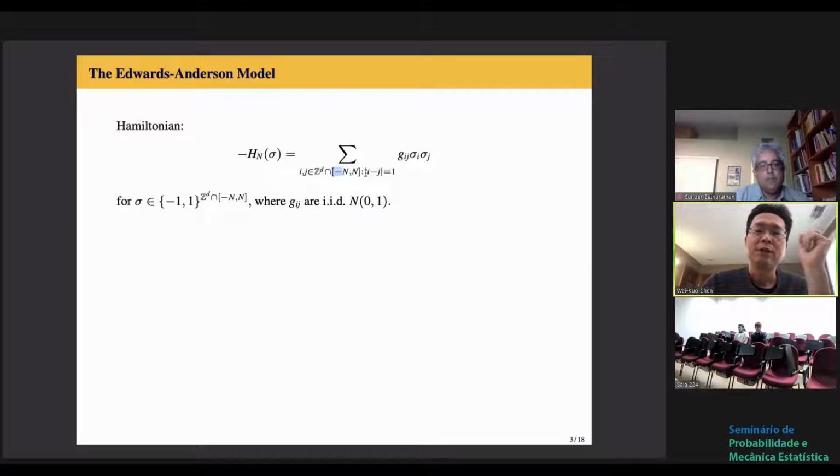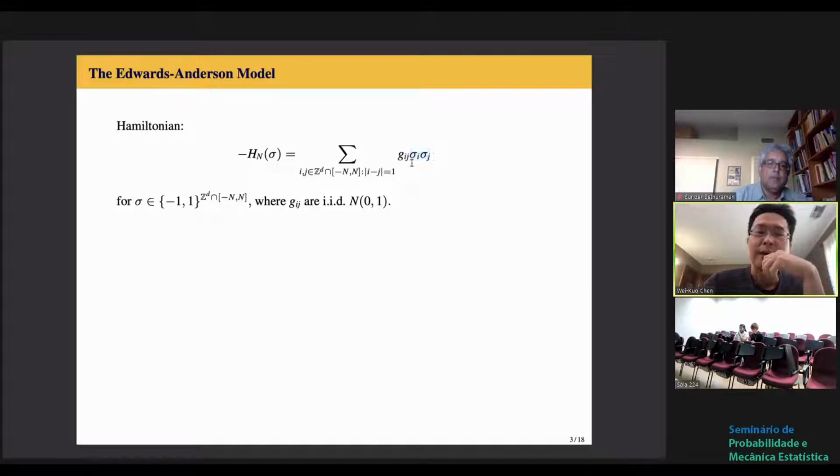The interaction is defined just from your neighbors, so as long as i minus j is equal to 1 in distance, you define the interaction between these two locations, i and j.